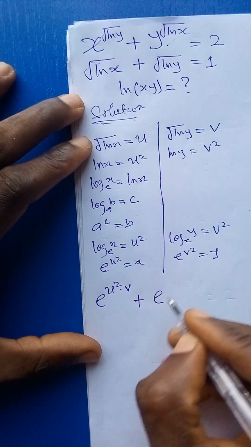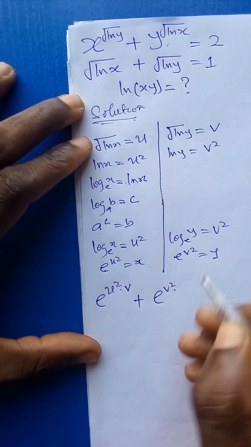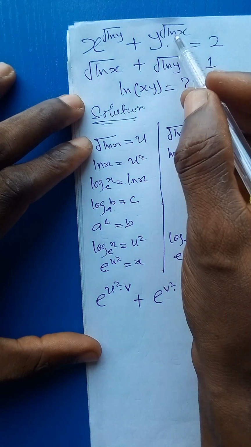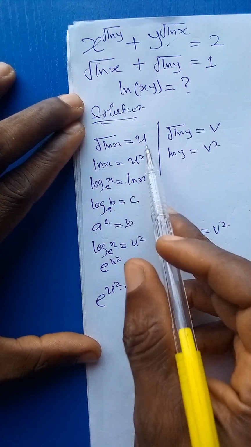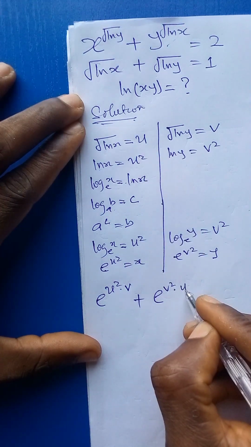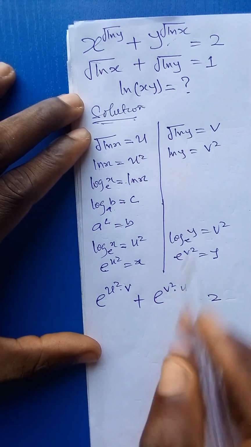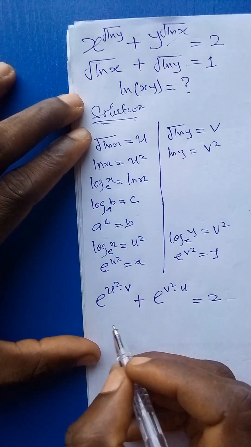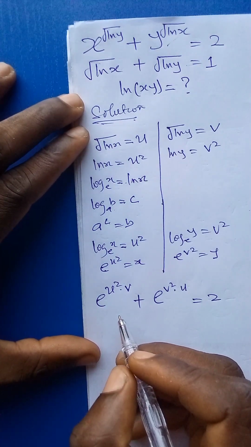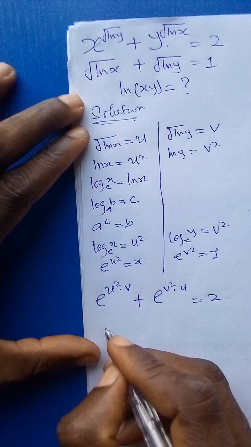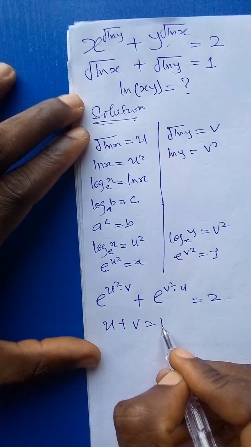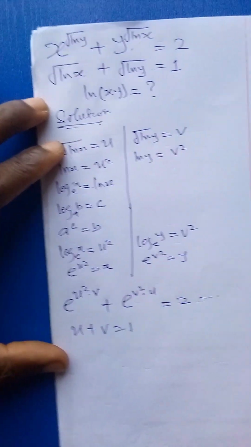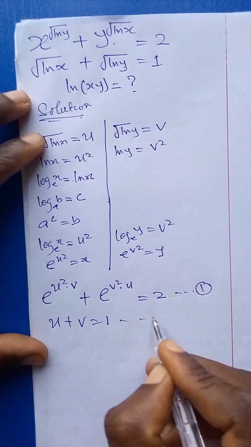That becomes e to power v squared times also square root ln x, which is u, so I'll multiply this one by u is equal to 2. Then for the second equation, square root ln x we know is u, so that is u plus v is equal to 1. This is equation 1 and this is equation 2.